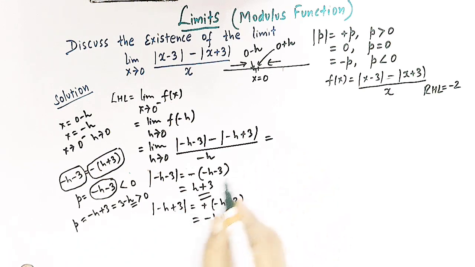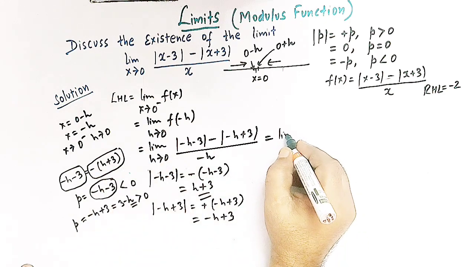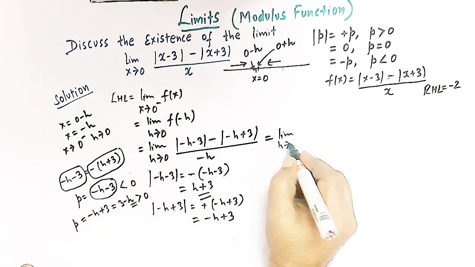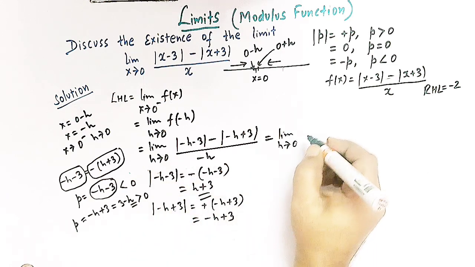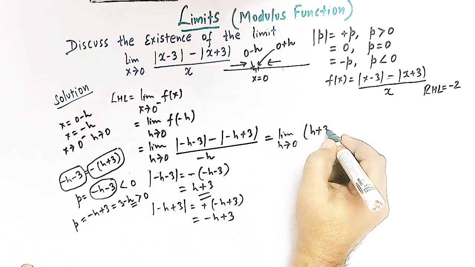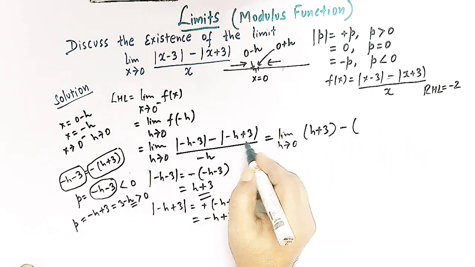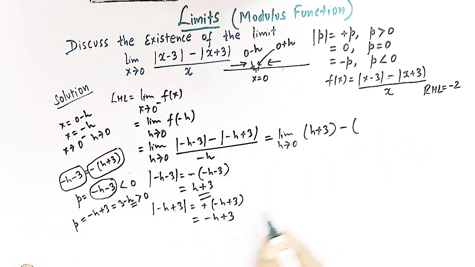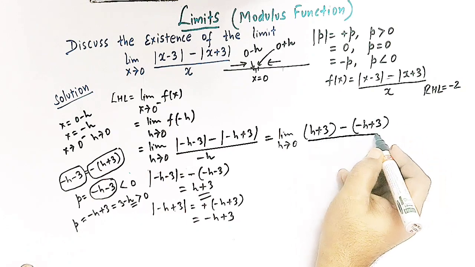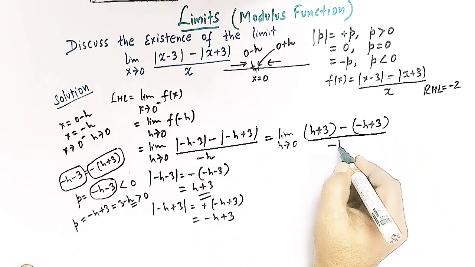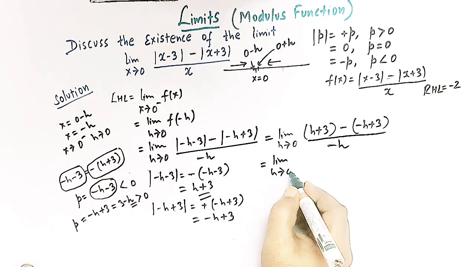So now we can write the left hand limit as limit h tends to 0, and mod of minus h minus 3 is simply h plus 3, and here we have the negative sign. Then mod of minus h plus 3 is minus h plus 3, and in the denominator we have minus h. So let us simplify the numerator.